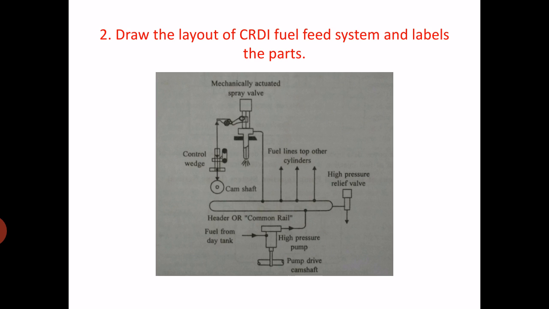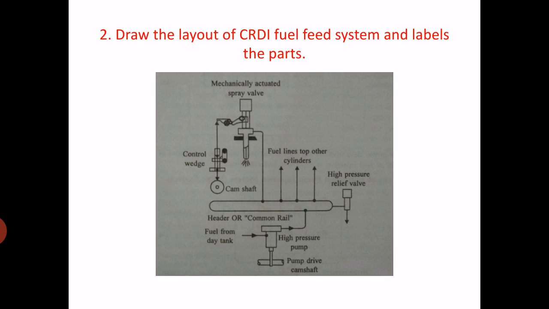Now the working. This single high pressure pump is operated by the camshaft, and it draws the fuel from the tank, and the fuel is pumped to the common rail. In the common rail, pressure is kept constant with the help of the relief valve. Whenever the pressure exceeds a certain limit, the pressure is relieved to the tank by the pressure relief valve.